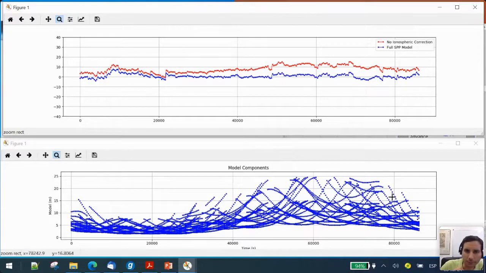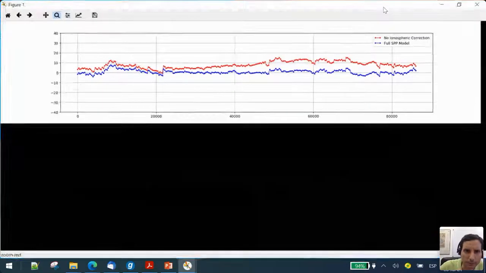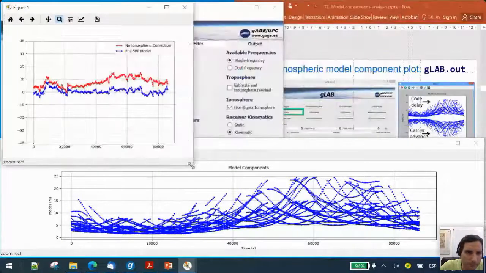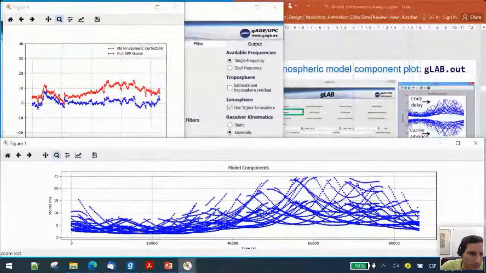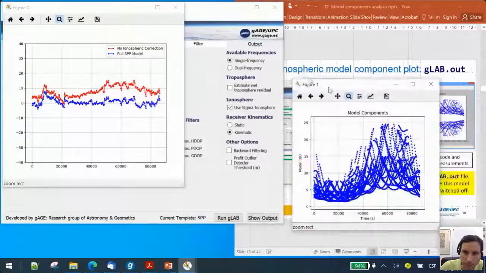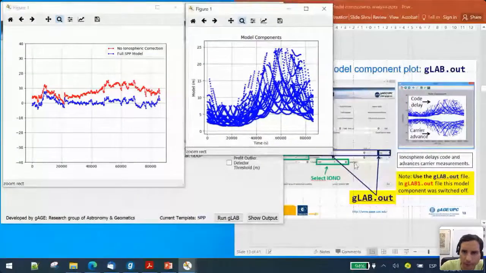The pattern of the ionospheric model resembles the errors in the vertical component. I thought it would be clearer to make it like this, but maybe in a small window it is better. Let me try.